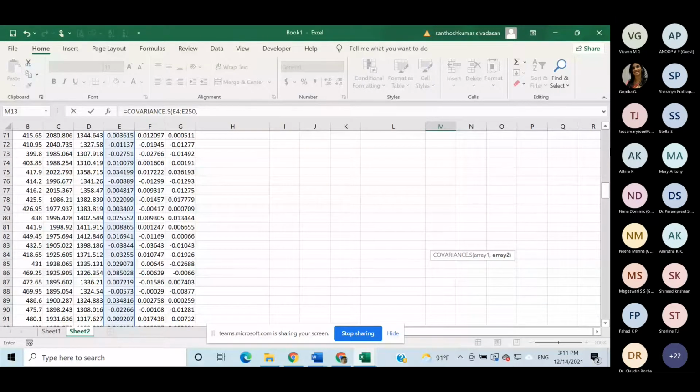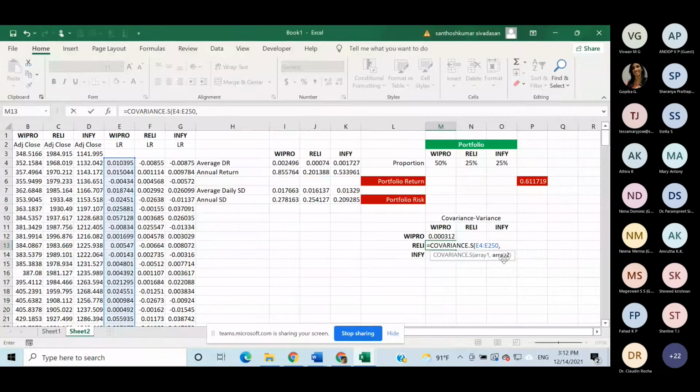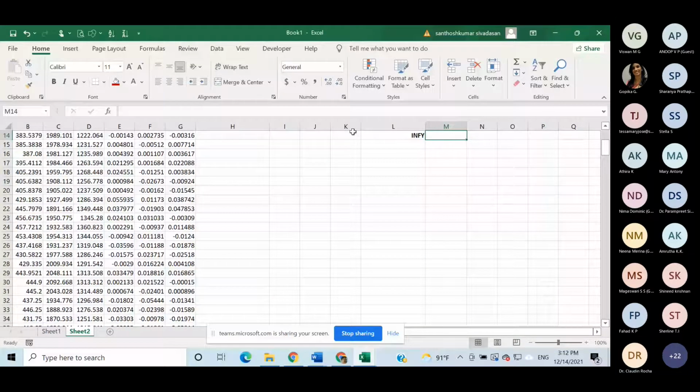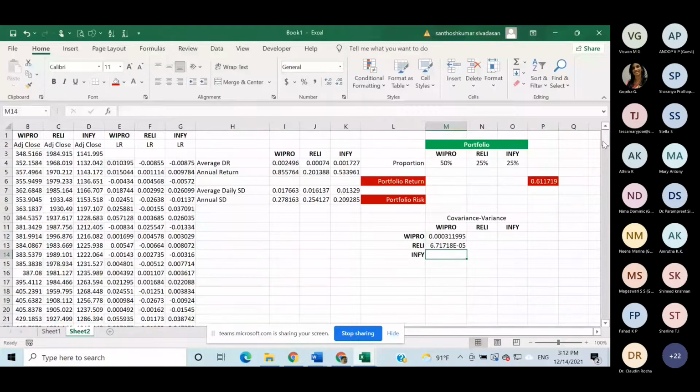You are finding the covariance of Wipro and Reliance. So you have to choose Reliance, Control Shift down arrow, enter. That will give you the covariance of Wipro and Reliance.